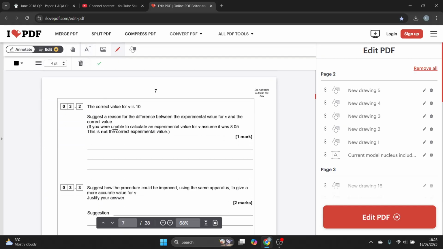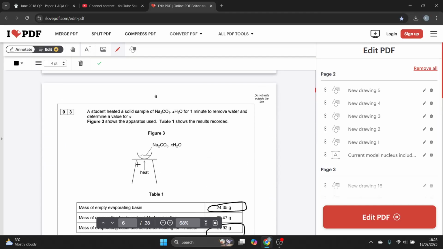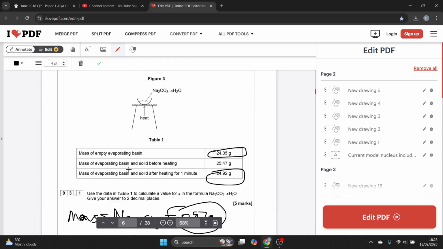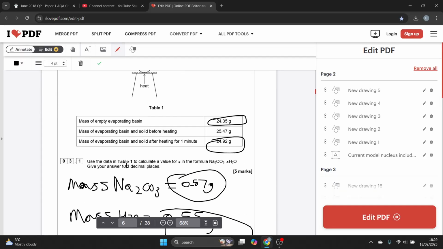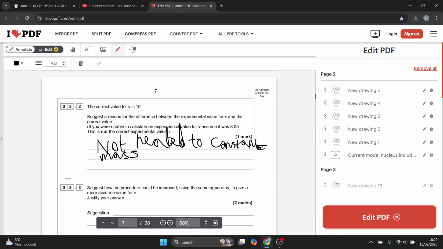(3.2) The correct value for X is 10, so there's a difference between that and that. Not heated to constant mass. It suggests how the procedure can be improved in the same apparatus to give a more accurate value of X. Well, I said a difference between the experimental value for X and the correct value is not heated to constant mass.